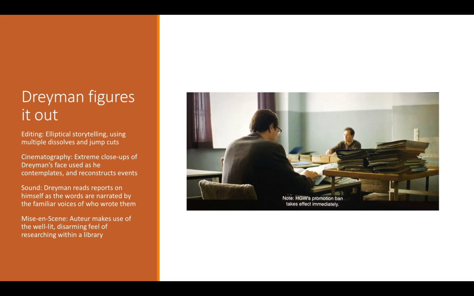And this is where we see jump cuts going from one place to the next, which we'll discuss a little bit more in the next picture, a perhaps better example of that.